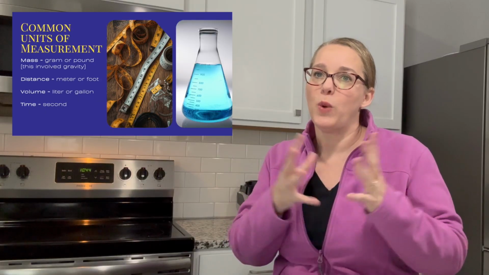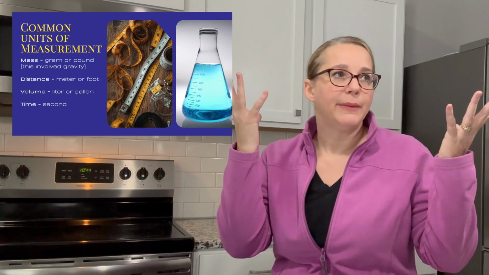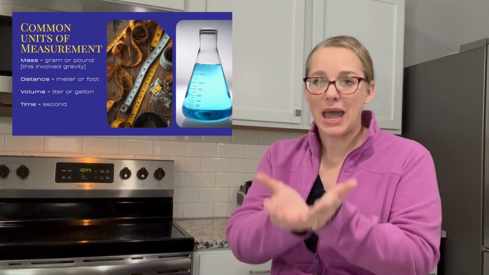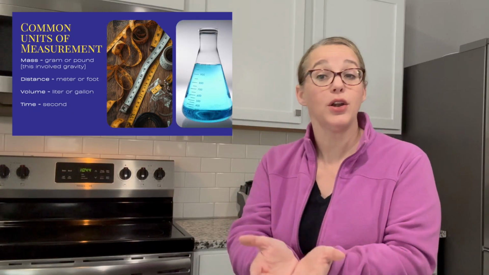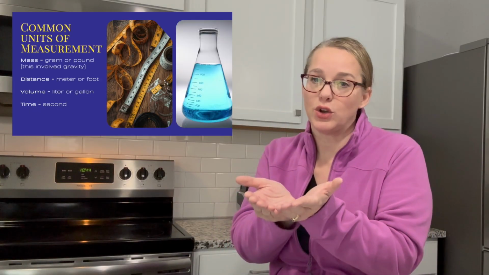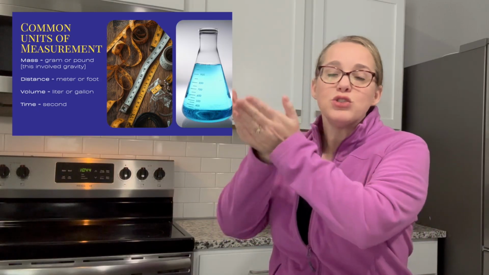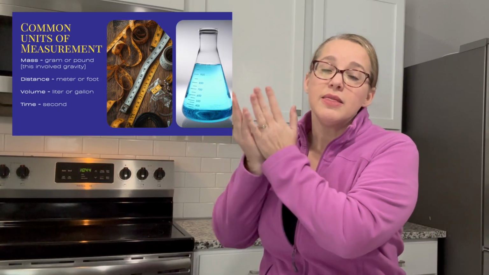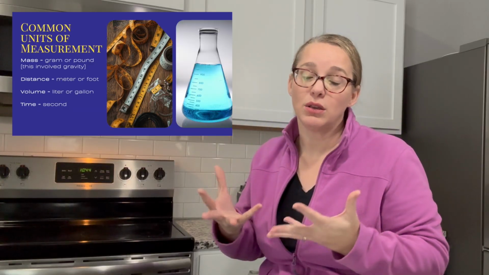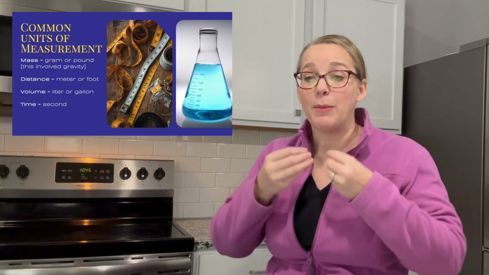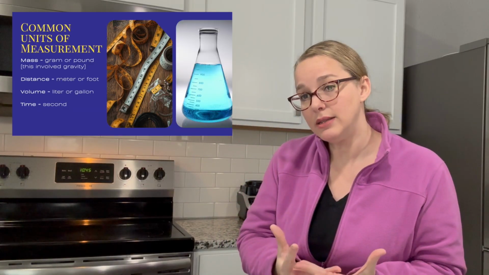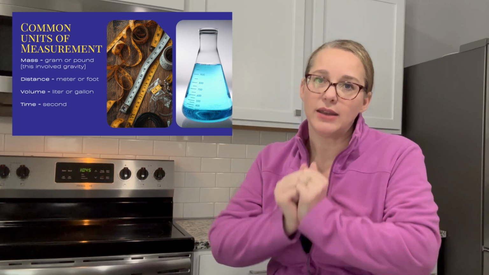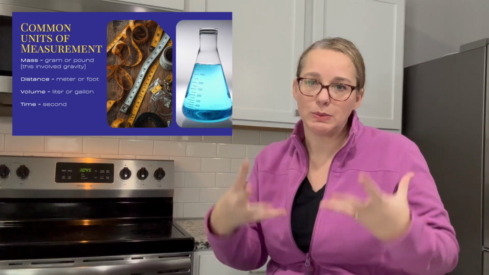So if you had a cake and you measured the mass of the cake on Earth, where there's a certain amount of gravity, and you measured the mass of the cake on the moon, where there's less gravity, the amount of mass would be the same. But if we measured how many pounds it weighs, they would weigh differently because gravity is pulling on it, so it weighs more as far as pounds go.